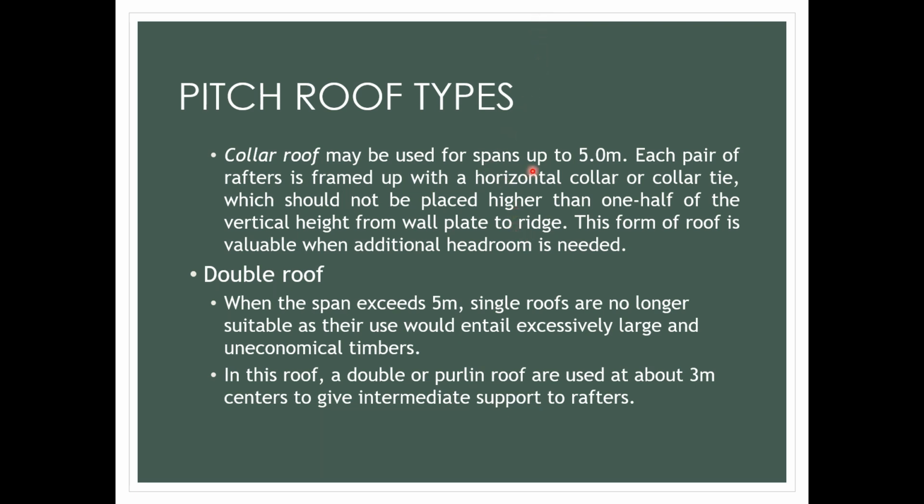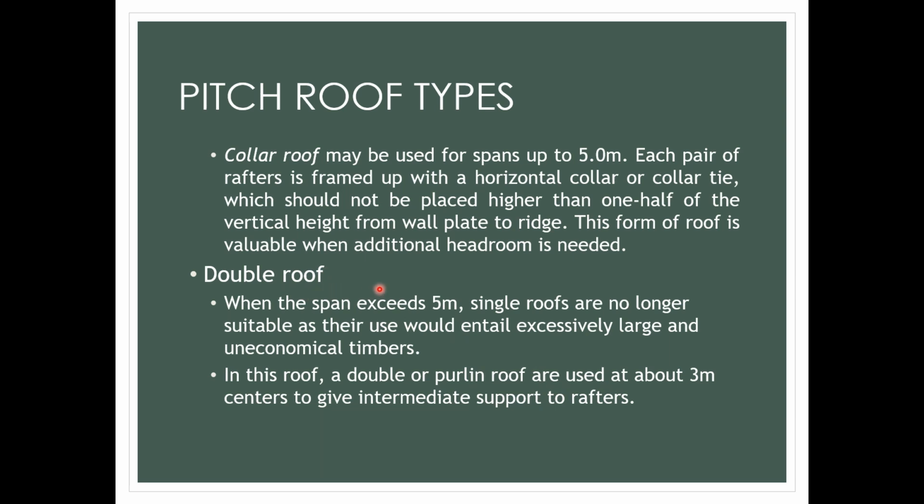So this collar should not be lower than one half. We should put it higher, nearest to the ridge, because we want to provide some additional headroom. Meaning that inside the roof, there will be some extra space.